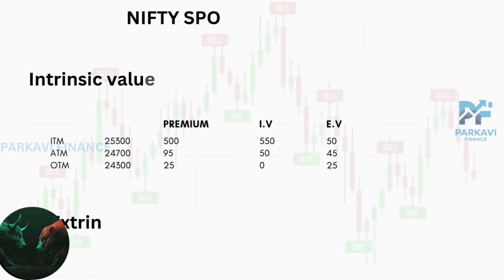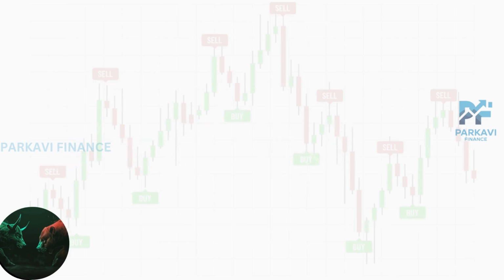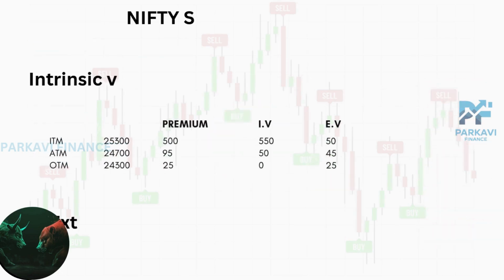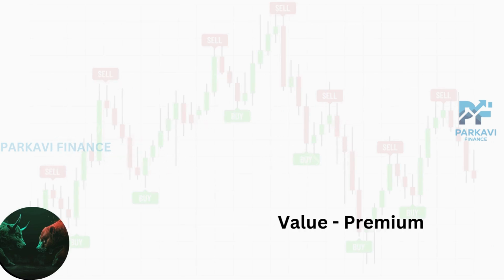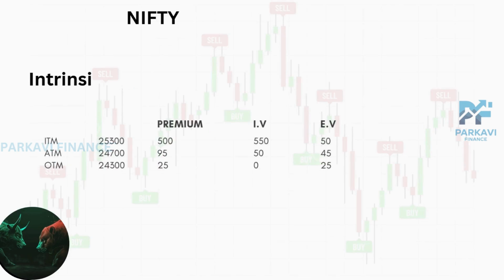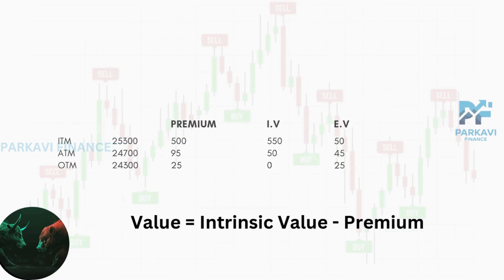So the in the money strike minus the spot price gives IV, intrinsic value, 550. For extrinsic value, it is premium minus IV, so 50. Similar for the ATM and OTM.